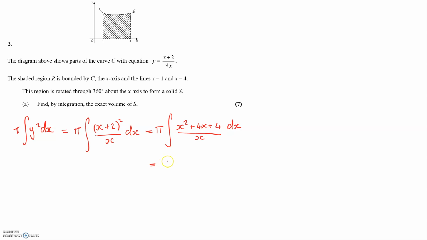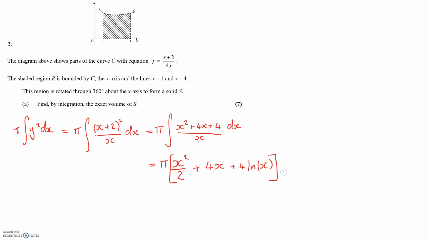First of all, the integral of x squared over x, which is just the integral of x, giving x squared over 2. Then the integral of 4x over x, which is just 4, which integrates to 4x. And finally, the integral of 4 over x, which integrates to 4 ln x.